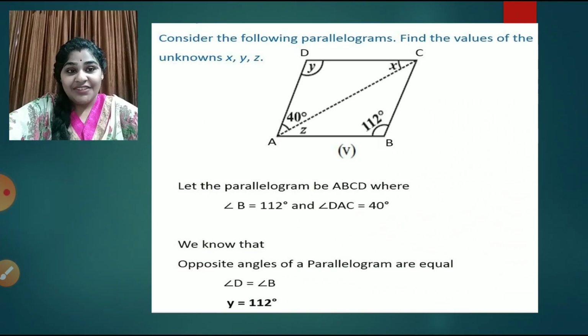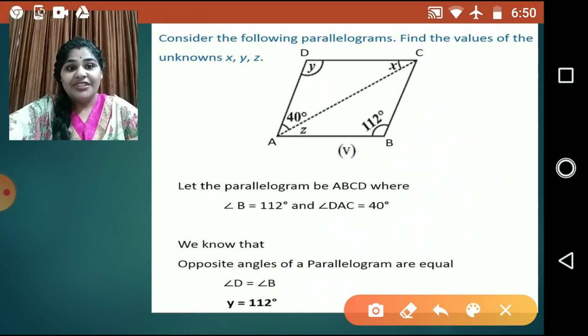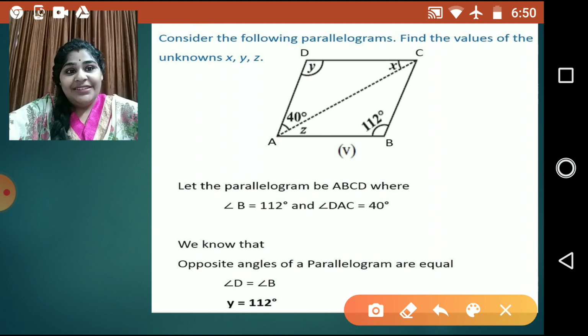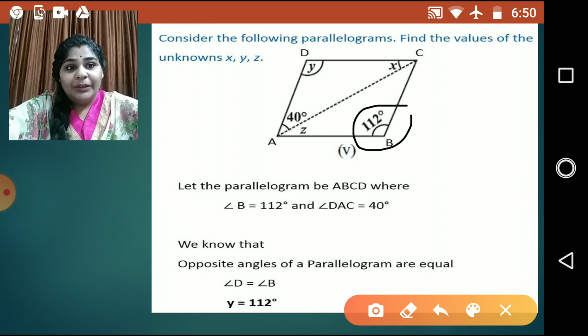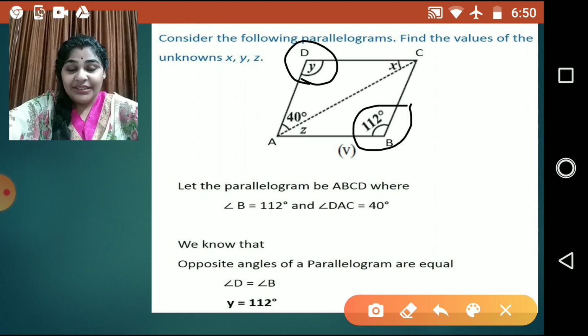One more, the last one is given. The same parallelogram ABCD is given to you, children. Now if you see here, I have angle B as 112 degrees. Angle B and angle Y form an opposite pair of angles in the parallelogram, and we know that opposite angles in a parallelogram are equal.